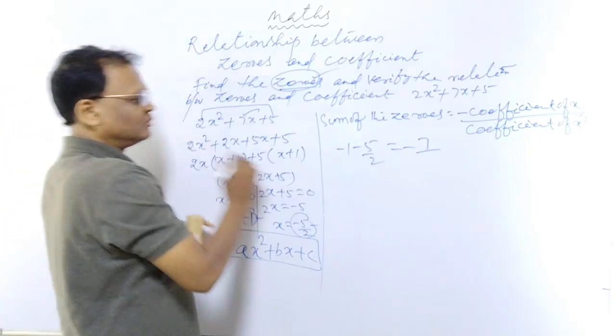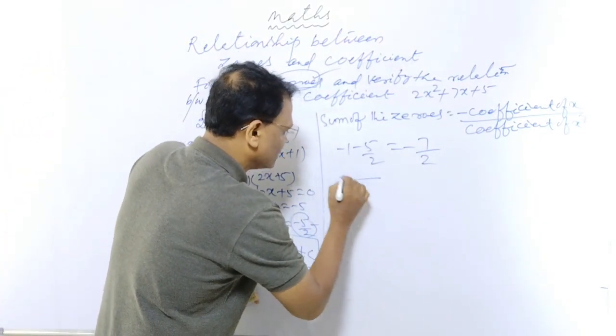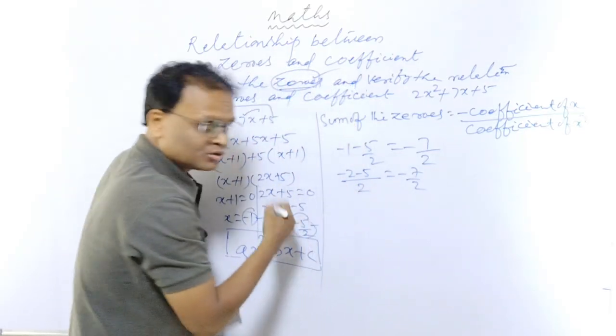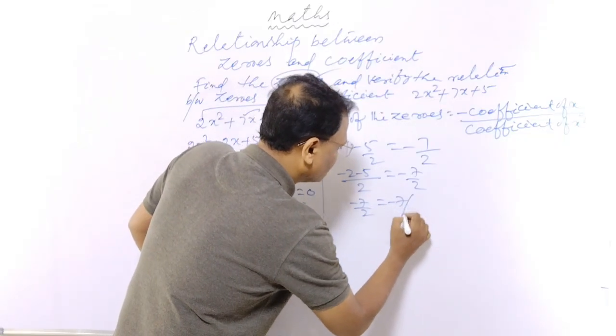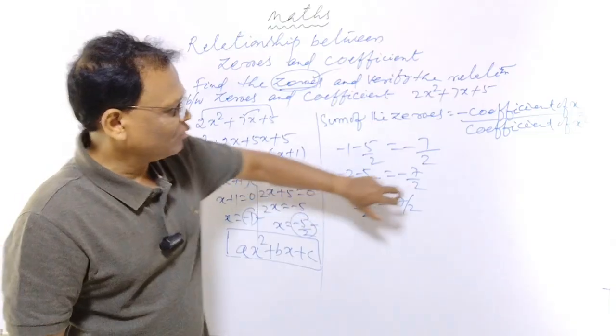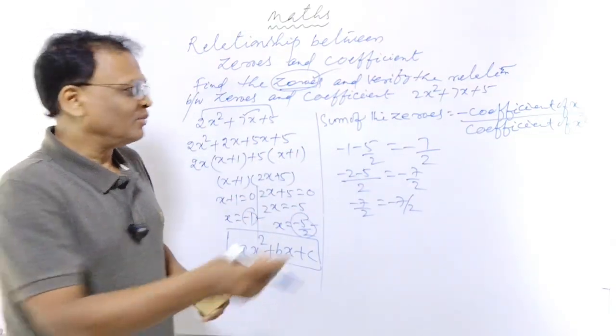The coefficient of x square is 2. Now if you check, both sides are equal. Minus 2 minus 5 is equal to minus 7 by 2, and hence the relation between the sum of the zeros and the coefficient is verified.